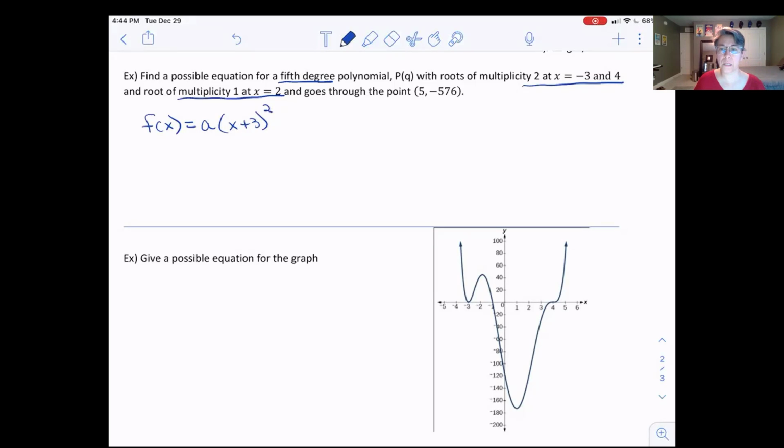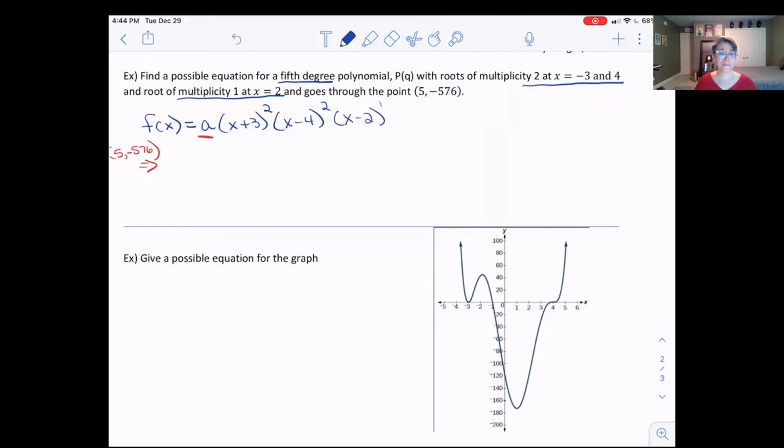A zero at 4, so we have (x - 4), again a multiplicity of 2. And then another root of multiplicity 1 at x equals 2, so we have (x - 2), technically to the first power. So 2 x's times 2 x's times 1 x would give us x to the 5th, so we do have a 5th degree polynomial. But again, we have to find that a, so we're going to use our point (5, -576).